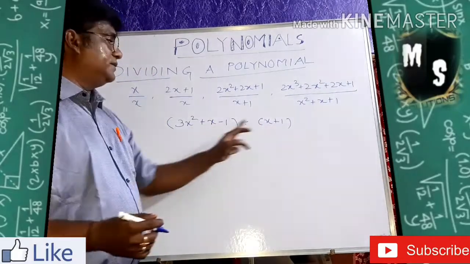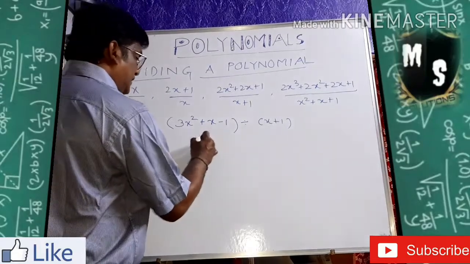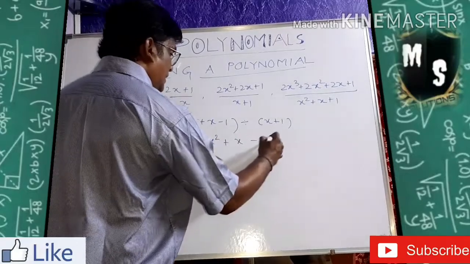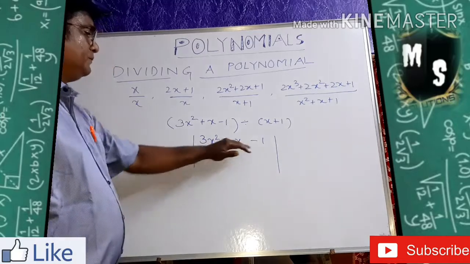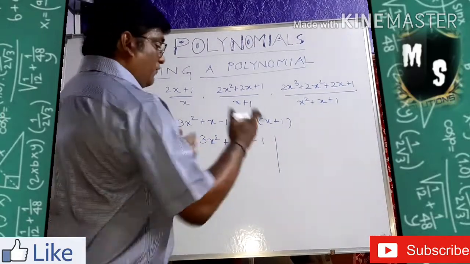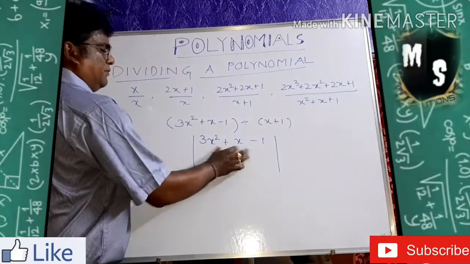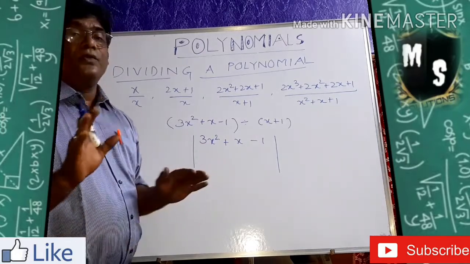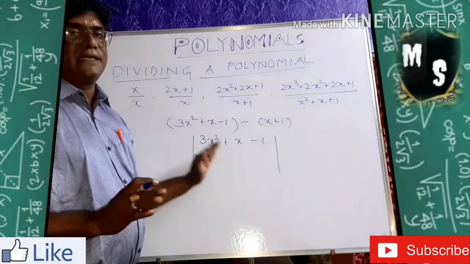When you are writing it, write 3x square plus x minus 1 and put a space between the terms, by which the dividend will look very clear to you. Many students will write it very clumsily, and then you will be confused in the next step. So better write it giving some space inside.